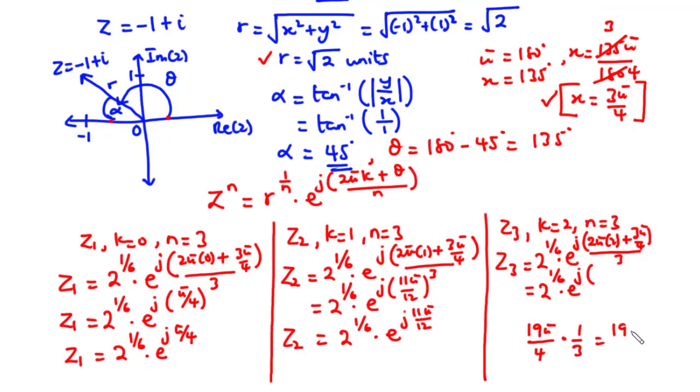This becomes 19 pi over 12. So finally we have z3 to be 2 exponent 1 over 6 times e to the power j into bracket 19 pi on 12. So these are the values of z1, z2 and z3.